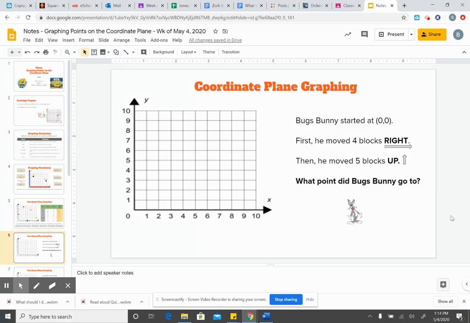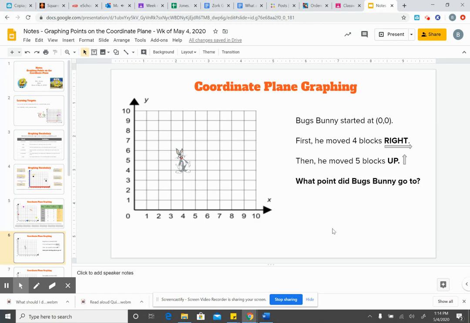If Bugs Bunny starts at 0, 0, which is the origin, and he moves 4 blocks right and then 5 blocks up, what point does he go to? Well, let's see. I'm going to take Bugs Bunny. I'm going to start at the origin. I'm going to move 4 blocks right and 5 blocks up and drop him.